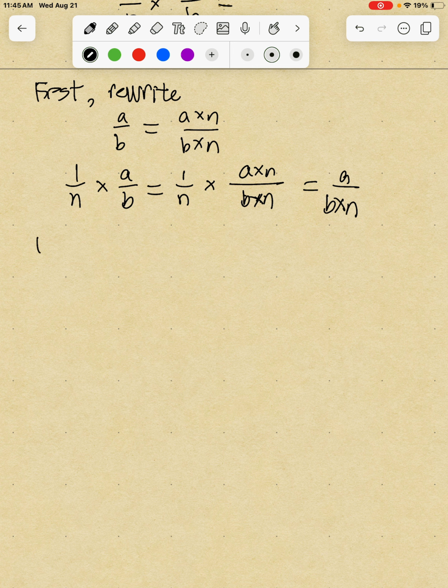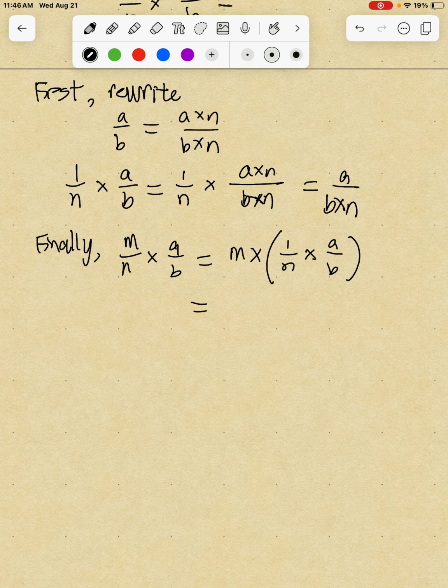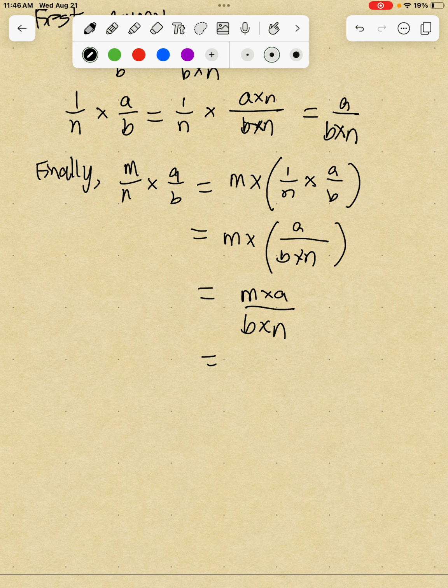And then finally, m nths times a over b is just m times 1 over n times a over b. And since we just figured out that this is a over b times n, this is going to be m times a over b times n. So this is a times m over b times n.